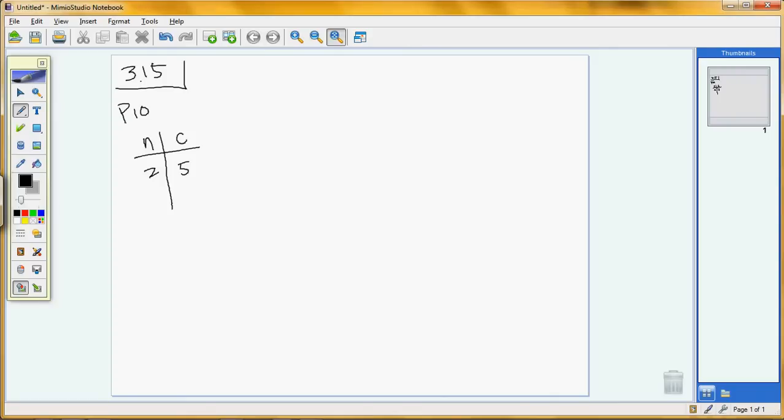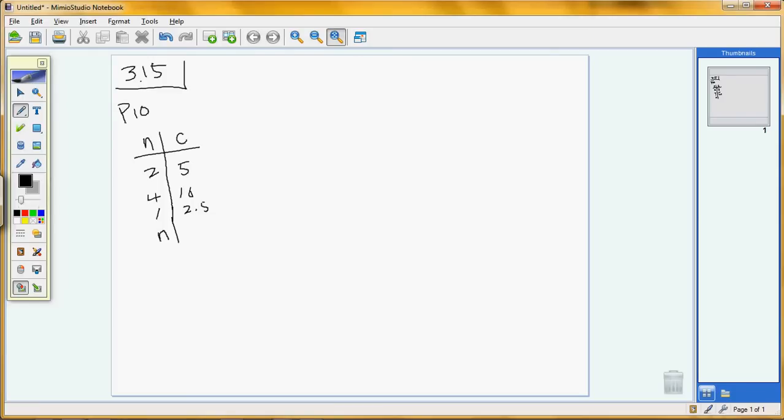So 2 cartons, $5, 4 cartons, $10, right? So 1 carton is 2.5. So what's the relationship? If you have n cartons, then it will be what? So that's write a rule, and that's the good way.